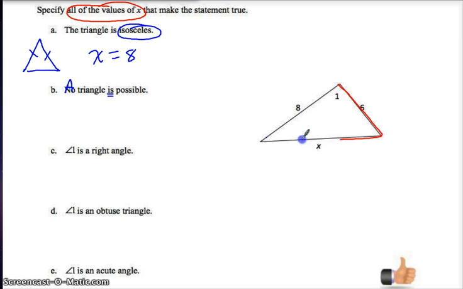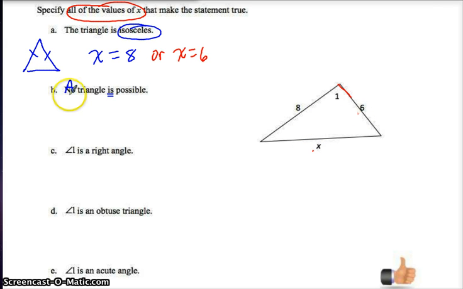Or I could do these two sides to make it isosceles. So if this is 6, what would x be? So my other option is that x would be 6. Okay? So that's number 1. Are there any other options? No. Right? It has to be 8 and 8 or 6 and 6 because I gave you those two values.